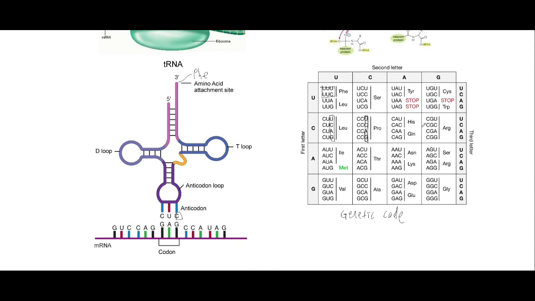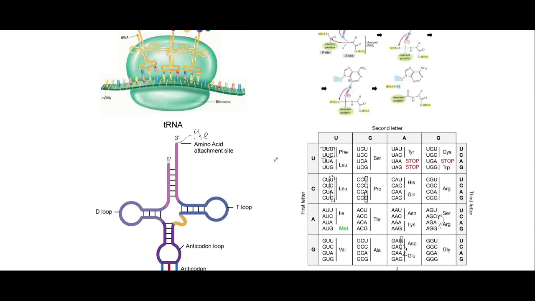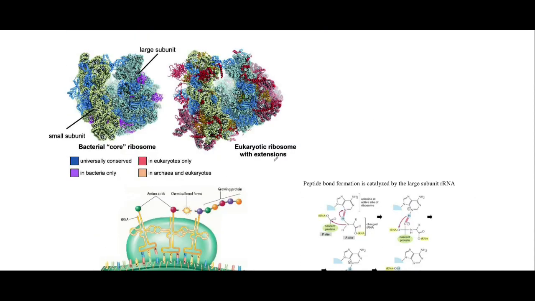And so you can see quite often an ASP to a GLU mutation is going to be fairly common because of that third letter there. And so those third letters are going to be the more common mutations. And yeah, I'm not going to go too deep into that. That's a whole subject on its own.